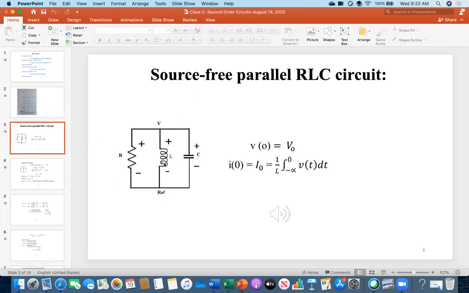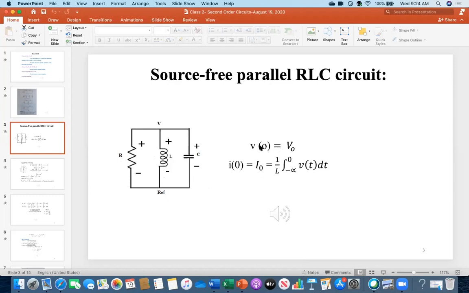Similarly, in the inductor, current was flowing and the inductor stored energy, so it will have some current stored. So I at t equal to 0 is capital I naught, and you all know the relationship of current and voltage across an inductor: 1 over L times the integral from minus infinity to 0 of v(t) dt.